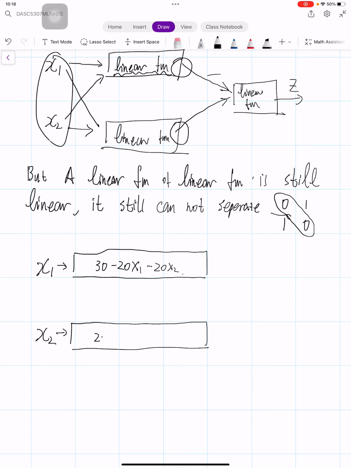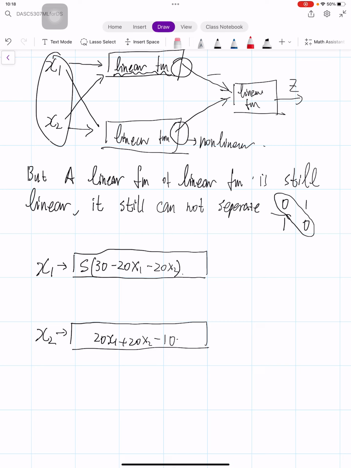And another one, 20x1 plus 20x2 minus 10. But this is still a linear transformation. We want to get some nonlinearity. So one simple and very popular way is we just apply the logistic function.